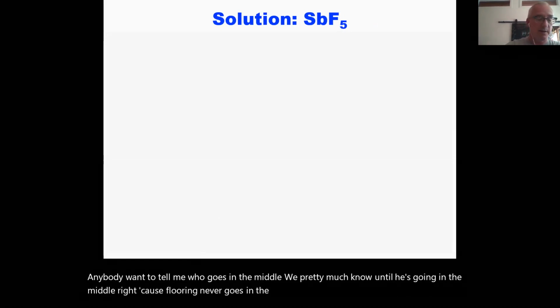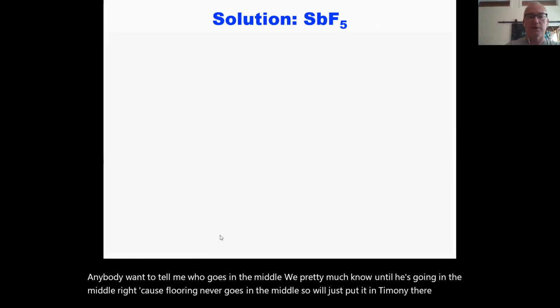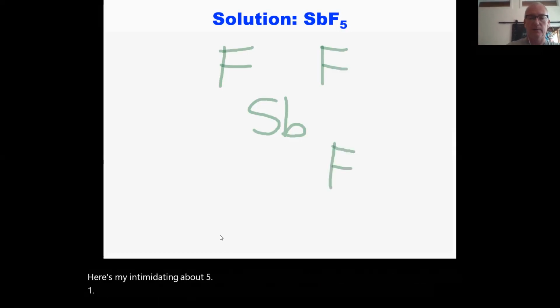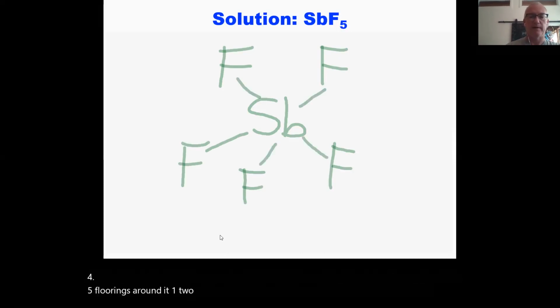So we'll just put antimony there and surround it. So here's my antimony. I'm going to put 5 fluorines around it: 1, 2, 3, 4, 5. How many valence electrons does antimony have?